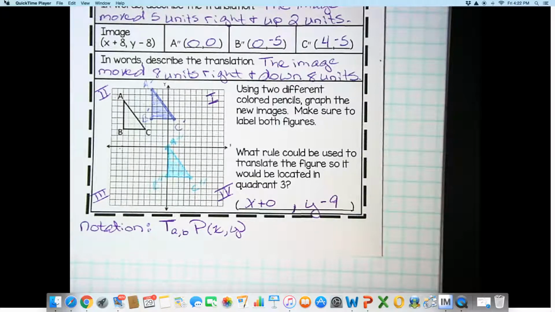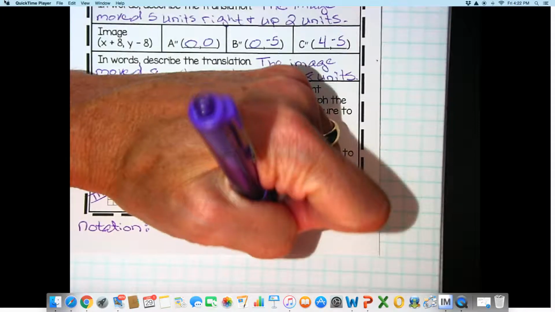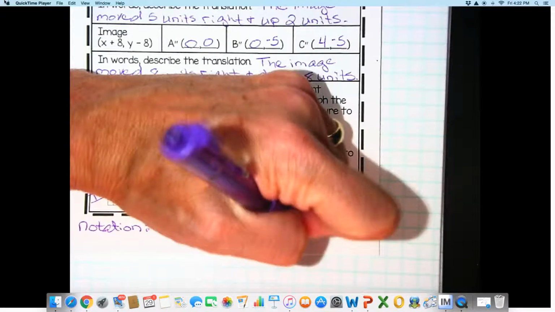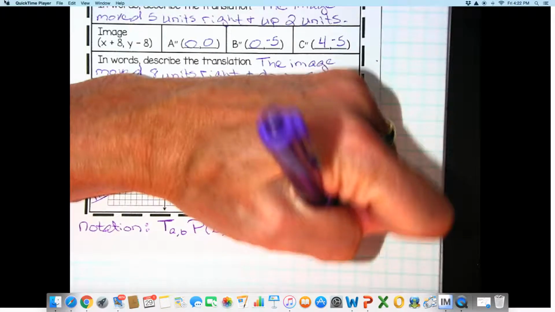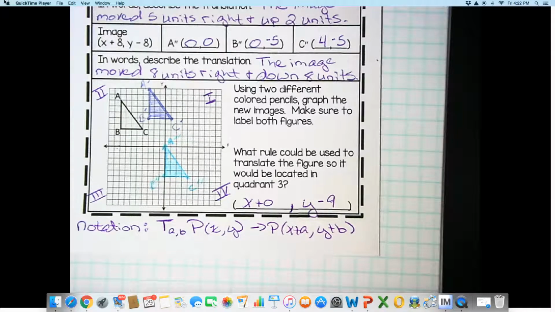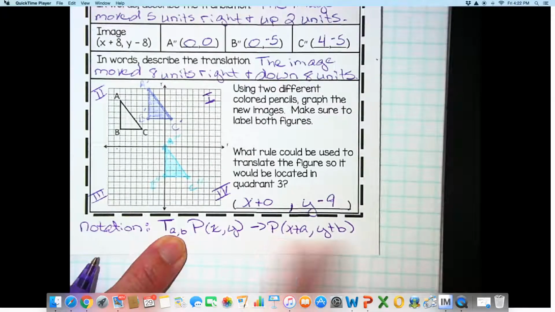The way you read that would be, I'm going to take my point and I want my A's added to my X and my B's added to my Y's. Okay, so that's the way that's read. I know it's a little bit confusing, but just remember, T stands for translation, P just stands for point. The A is what you add to the X's, the B is what you add to the Y's. The A's go to the X's, the B's go to the Y's, and that's what it says right here, okay?